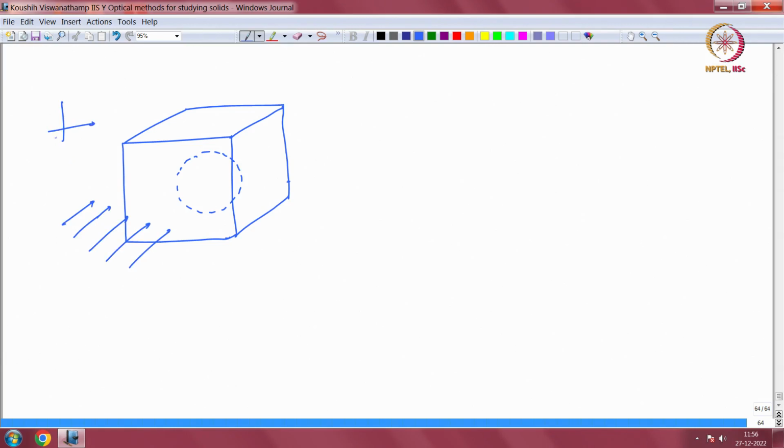I will put the coordinates again, this is Z, the other is X and Y, it does not matter which is which, and the screen is basically the XY plane. Okay. So the first sample we have is a metal cube with a spherical hole.